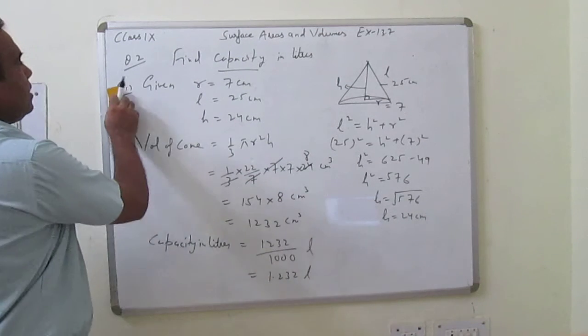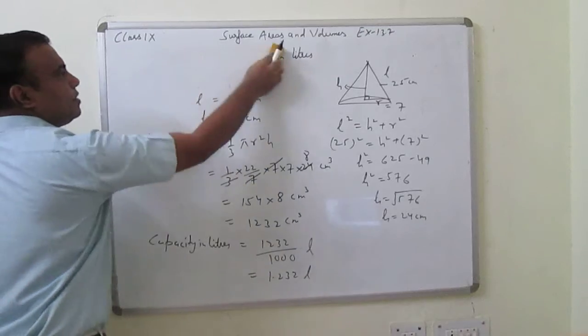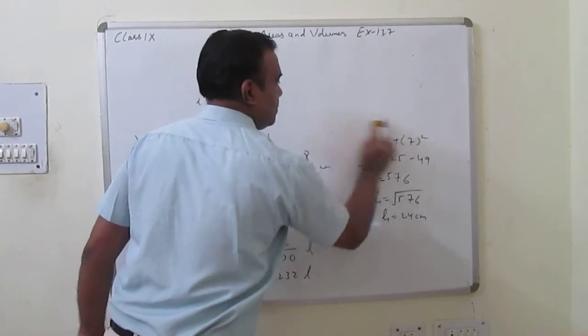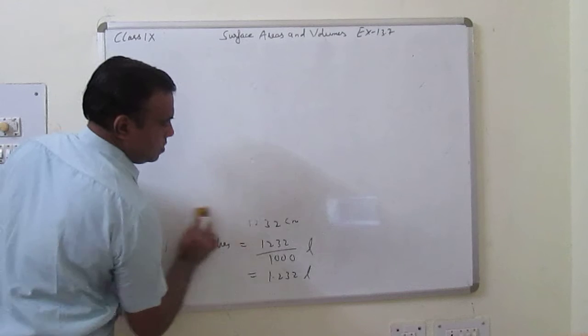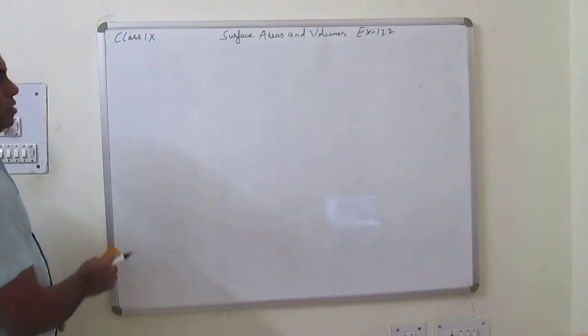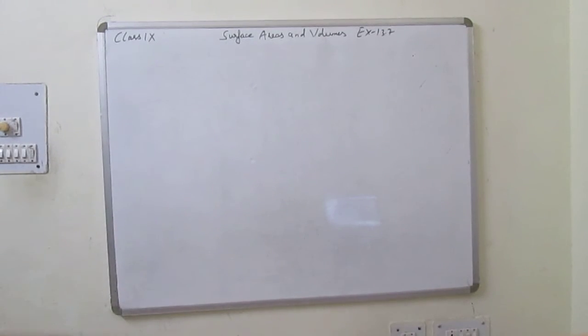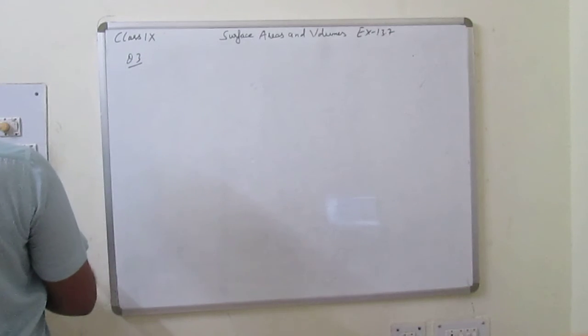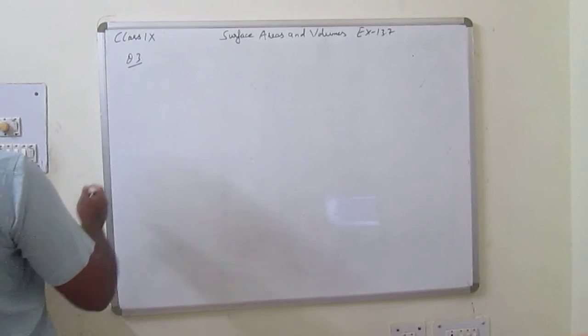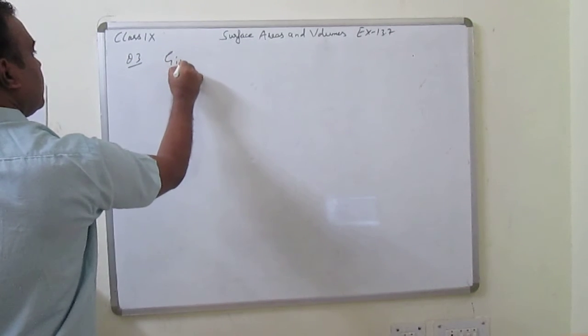First two are directly formula based. Question number 3rd. The height of a cone is given to you. Given क्या है?